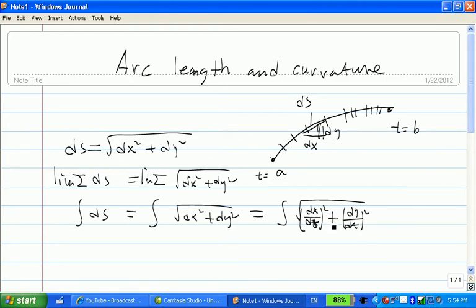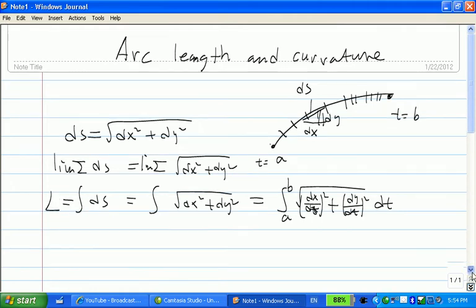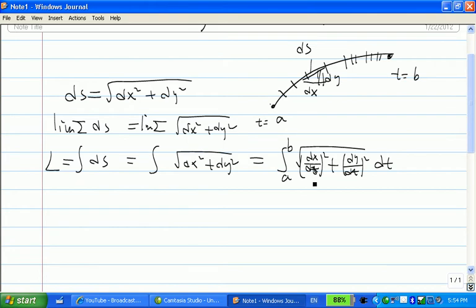So you divided by dt squared, then you have to multiply that out of the square root, which gives you dt. Okay, t equal to a gives you the starting point, t equal to b gives you the end point, and you find arc length, which we call L. Okay, so for the plane curve, this is the formula to find arc length.